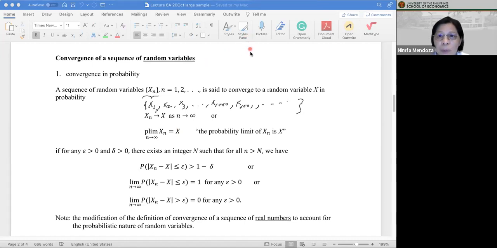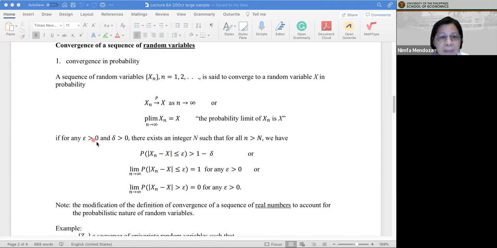So what do we mean by convergence in probability? For any epsilon greater than 0 and delta greater than 0, there exists an integer N such that for all n greater than N, we have the probability that the distance between x sub n and x is less than or equal to epsilon is greater than 1 minus delta.